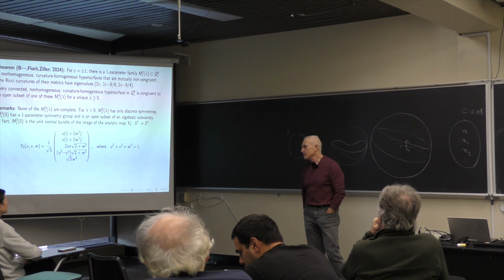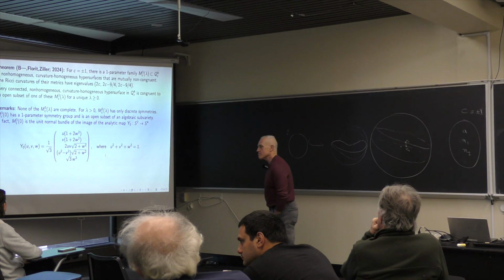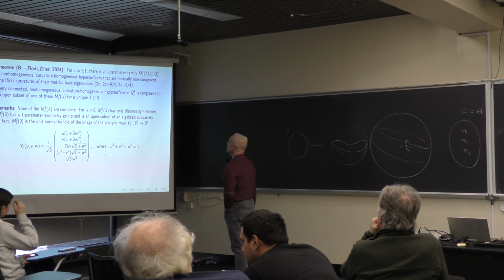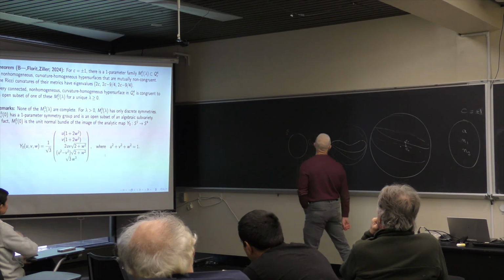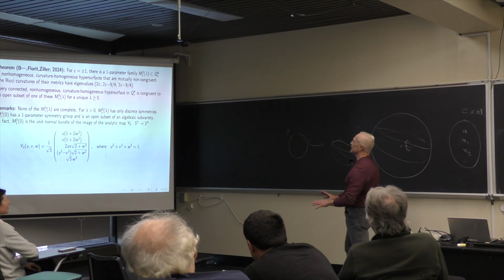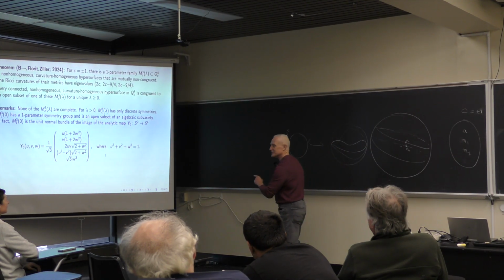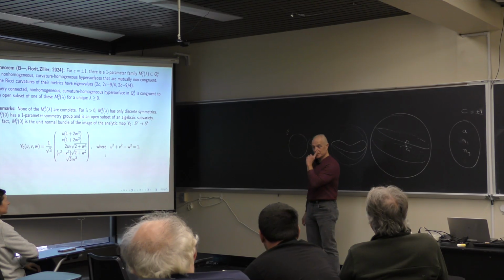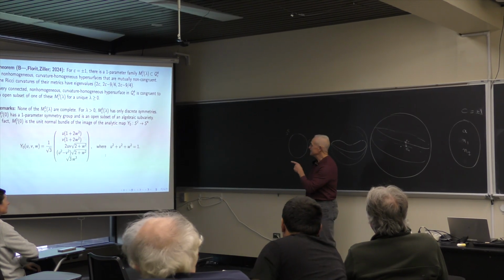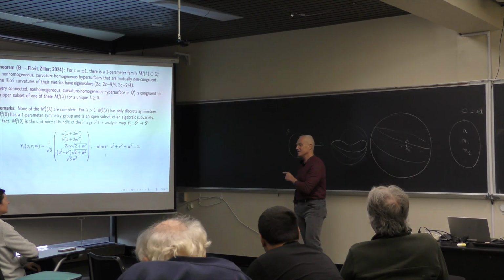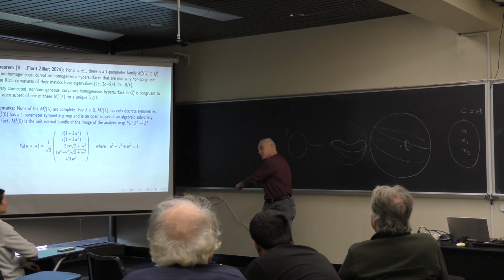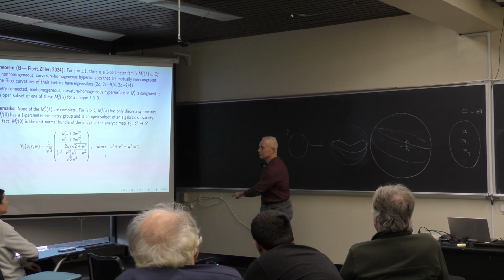Is there a way of seeing that this is going to end up being a two-sphere without solving the problem? No, in fact, I didn't explain how I knew that it was going to be a two-sphere. That actually turns out to be kind of subtle, and in our paper, we don't prove that.